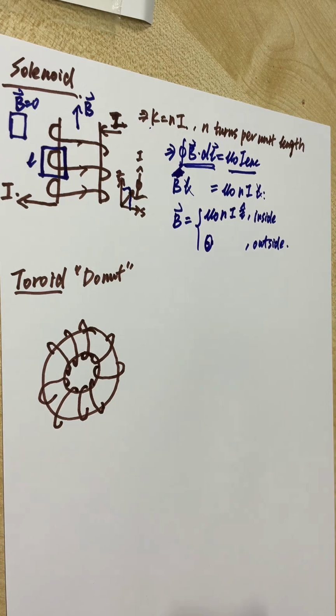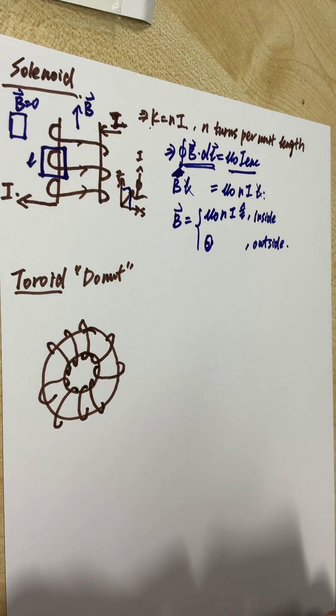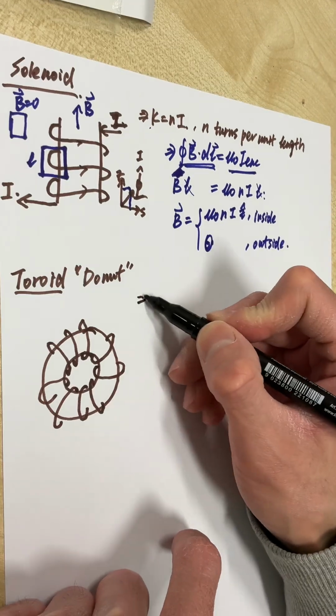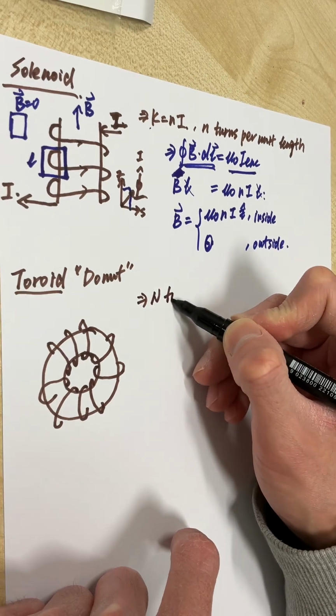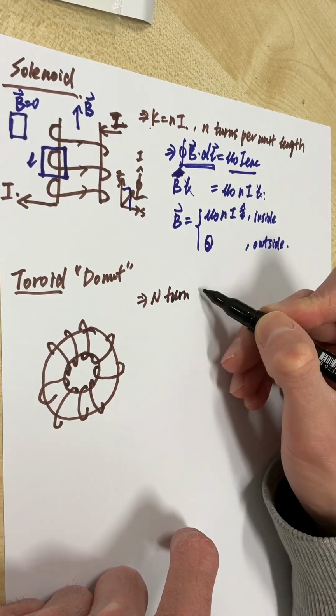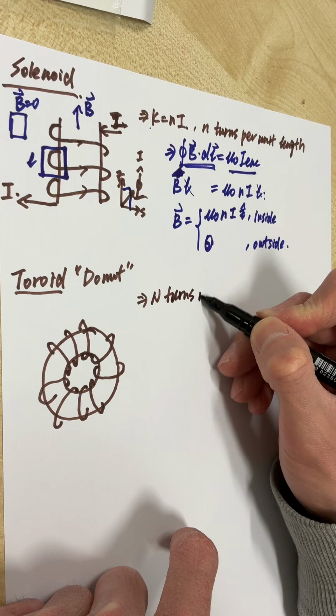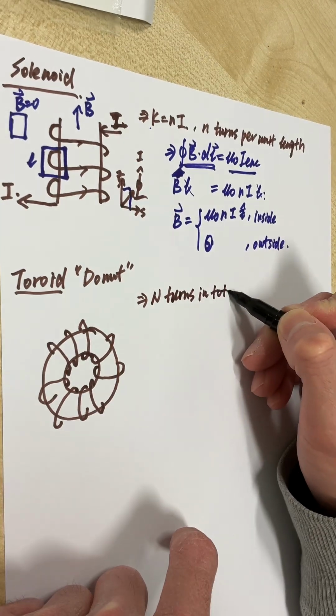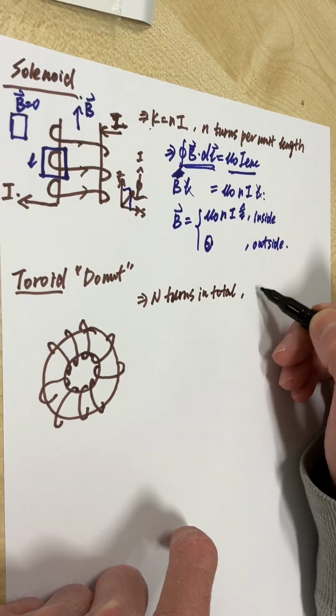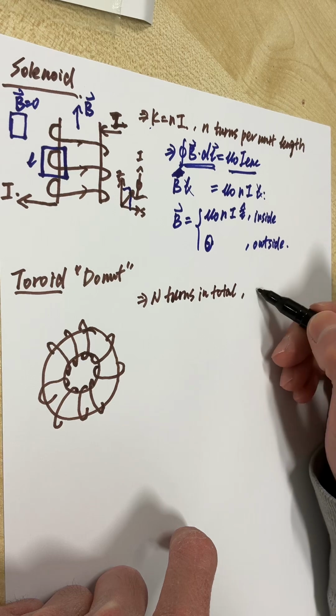In total we have N turns of wire, and the current along the wire is I.